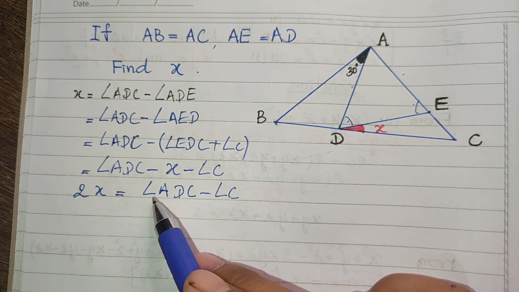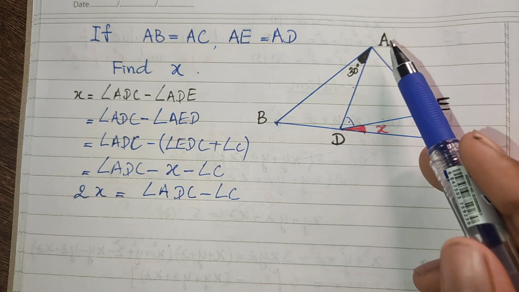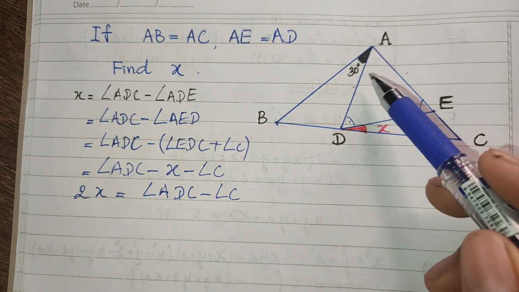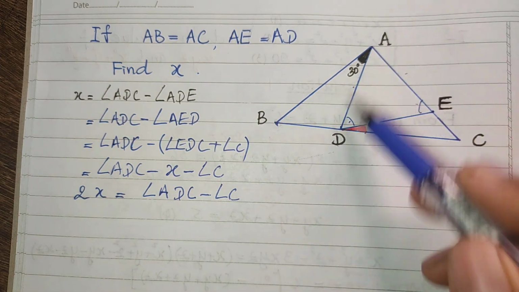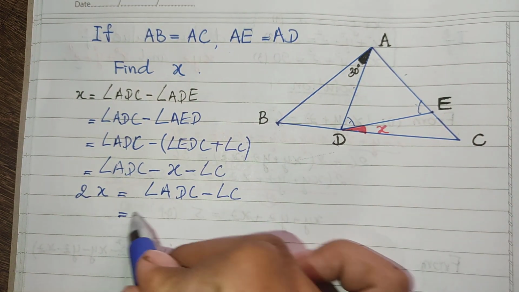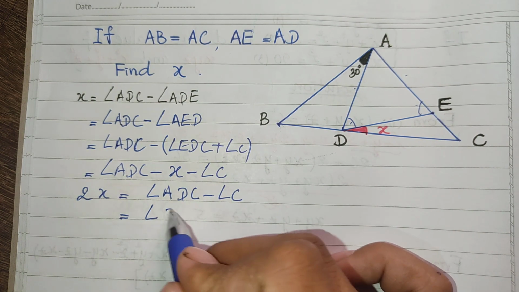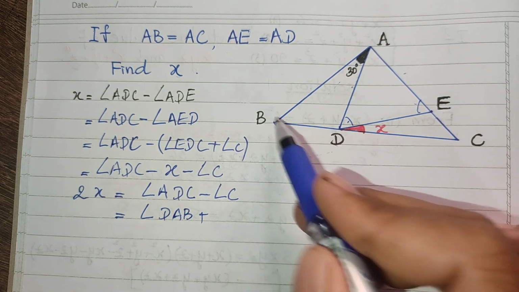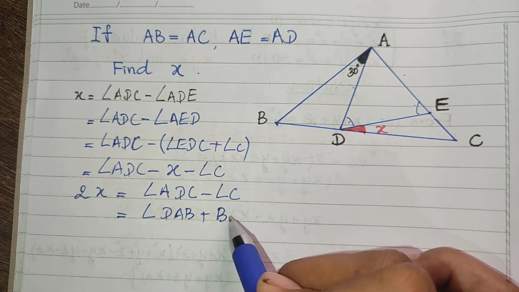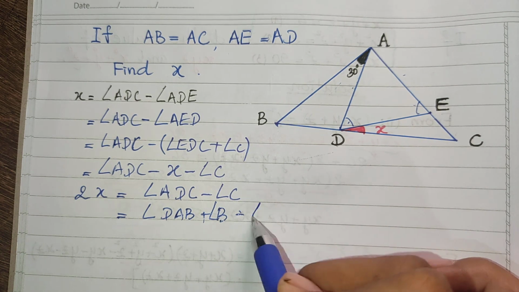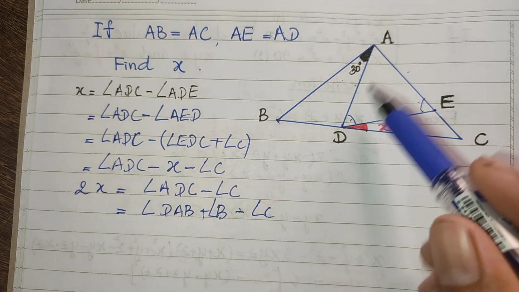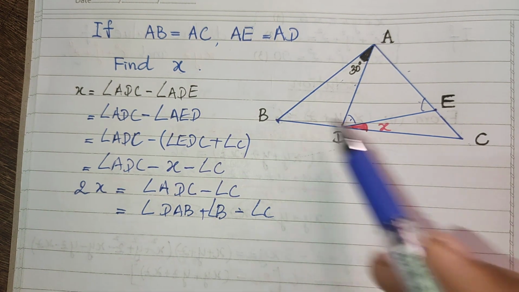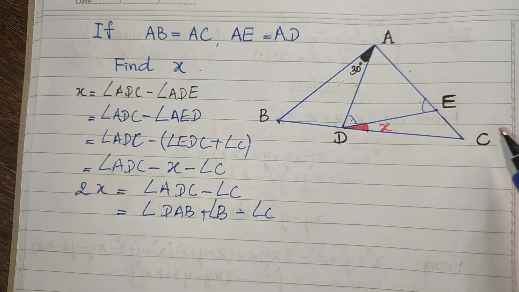Now this angle ADC is equal to angle DAB plus this angle B, minus angle C. But we know that AB equals AC, so the angle B and angle C are equal.